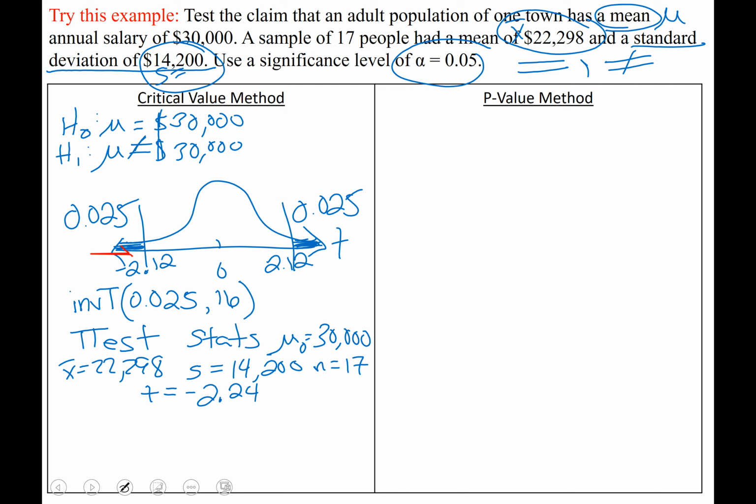It is further away from 0 than negative 2.12. And that means that our test statistic, TS for test statistic, falls in the rejection region. So our decision this time is reject the null hypothesis.